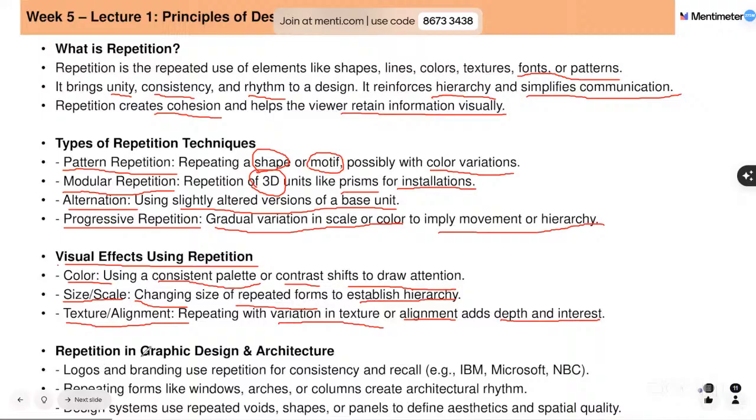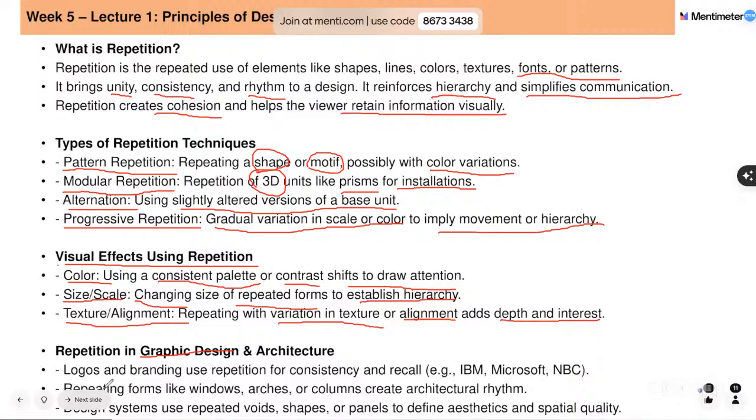Then in repetition in graphic design and architecture, we saw logos and branding which use repetition for consistency and also for recall. You should be able to recall the logo. For example, IBM or Microsoft or NBC.